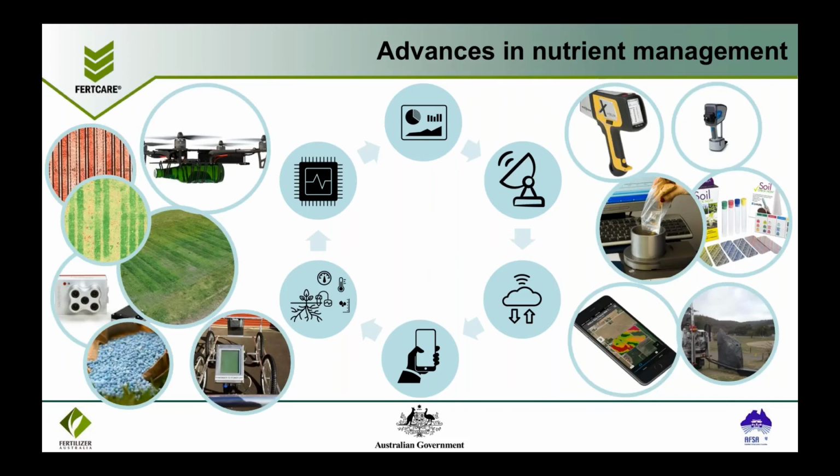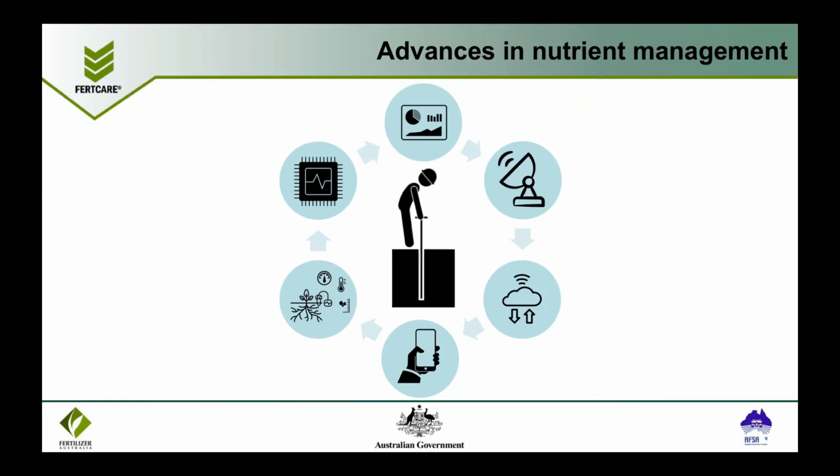We're seeing things like drones and sensors, pasture readers, portable XRF, near infrared, whether that's benchtop or portable, test strips, etc. And it doesn't matter whether you're deploying a sensor or whether you're taking a soil sample. The whole activity is underpinned by good placement of that sensor or taking a good sample in the first place.